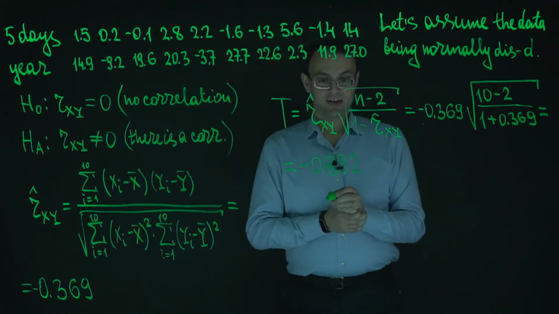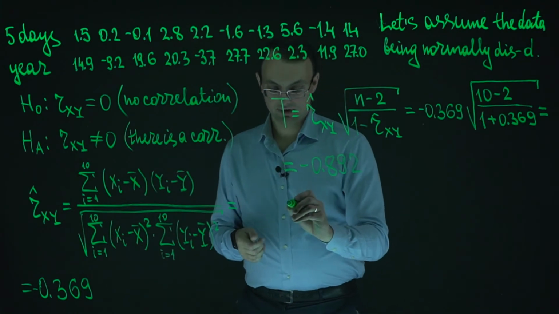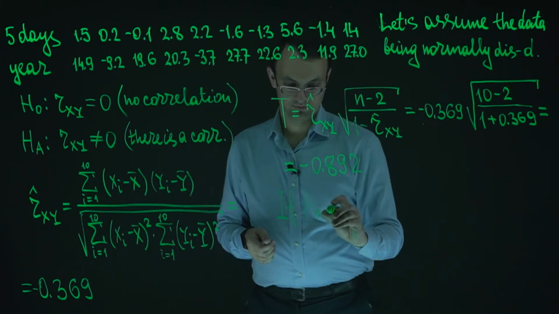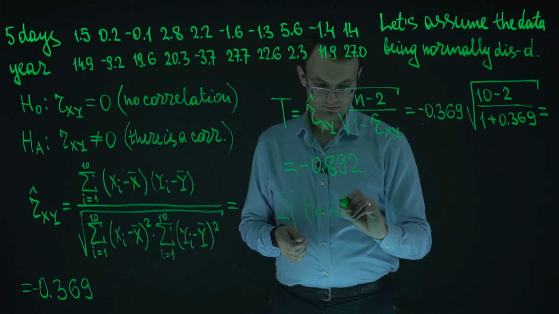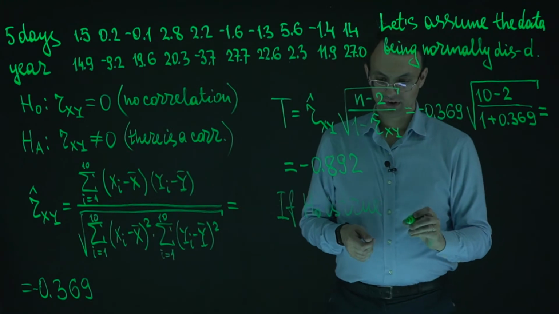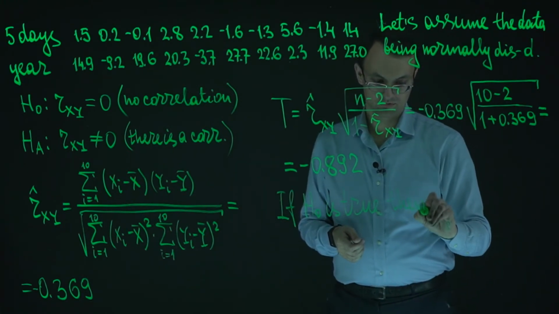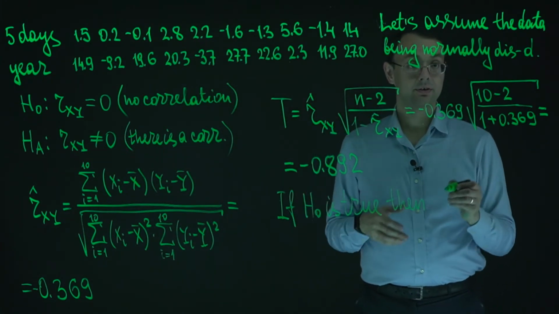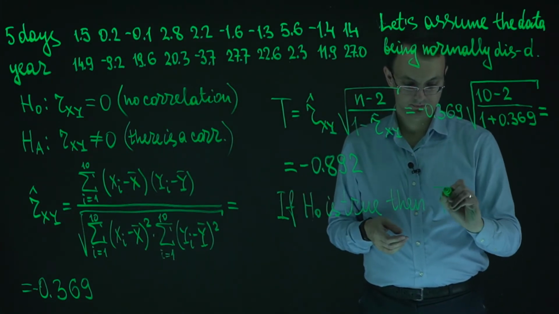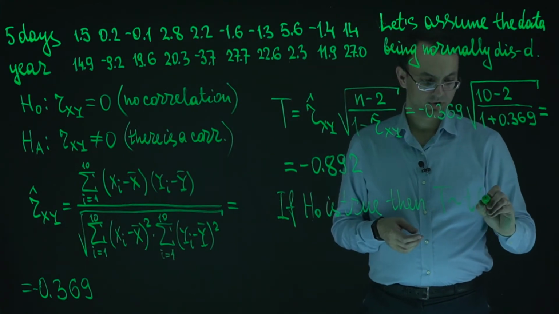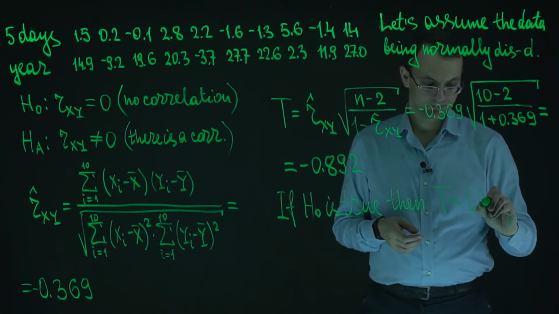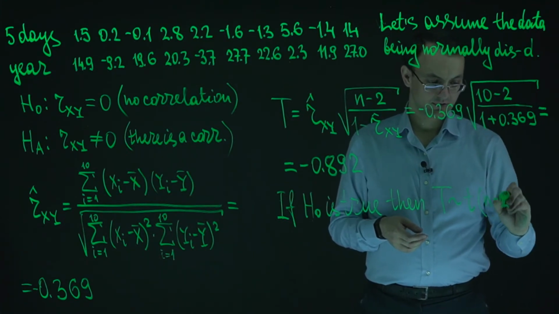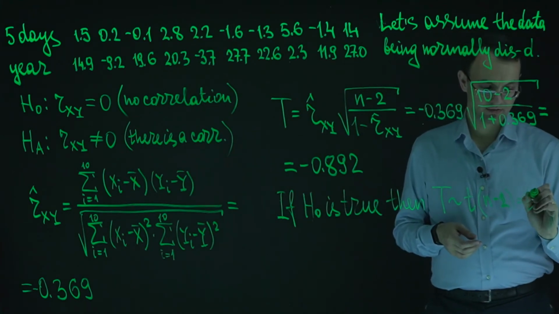Then we say that under the null hypothesis, so if H0 is true, then the test statistic follows the Student's distribution with n minus 2 degrees of freedom. So in our case, n minus 2 is 8.